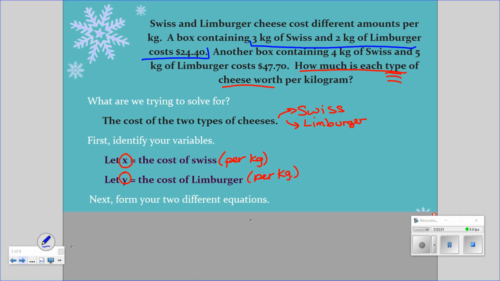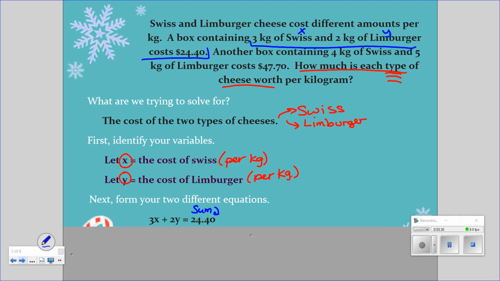So if we have identified our Swiss as x and our Limburger as y, then if we have 3 kilograms of Swiss, however much Swiss cheese costs, if we're buying 3 kilograms of it, we're going to multiply that cost by 3. If the cost is per 1 kilogram and we have 3 of them, we need to triple it. So that tells us right there that to set up the equation, we're going to do 3 times x plus 2 times y, and that should equal the total, the sum, of $24.40.